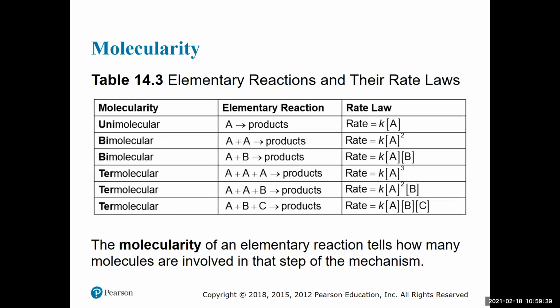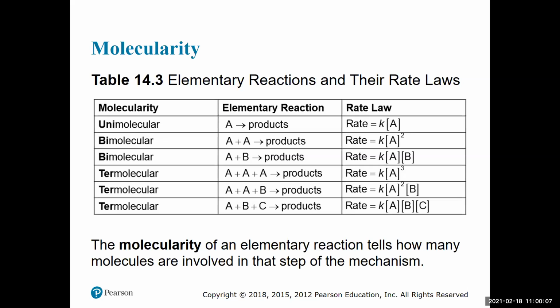There's a term called molecularity, and this table walks us through what we mean by that. If we say something is unimolecular, then it's one thing and it goes to products. A lot of times that unimolecular reaction is just a degradation reaction, okay? Then we have bimolecular, with two examples.